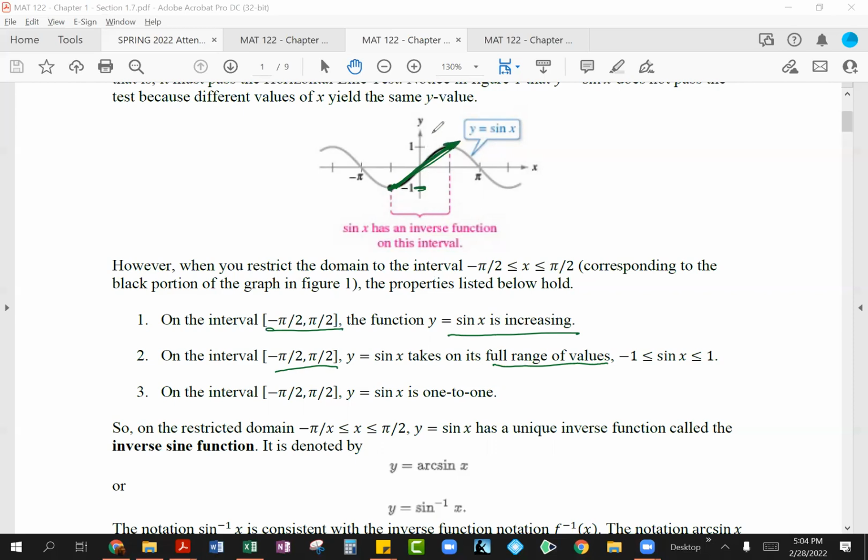And at this point over here, you have +1, which is the highest value for our range. So you are getting a full range of values going from -1 to +1. And like I said, on this interval, our function is also 1-to-1, which means we say our function is invertible. I spelled that wrong, didn't I?